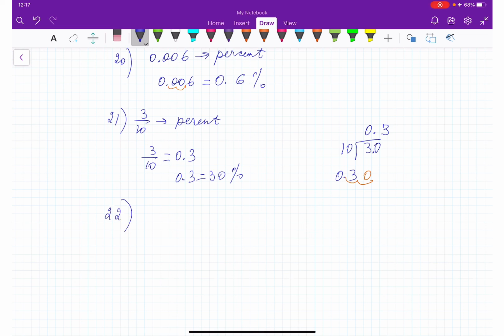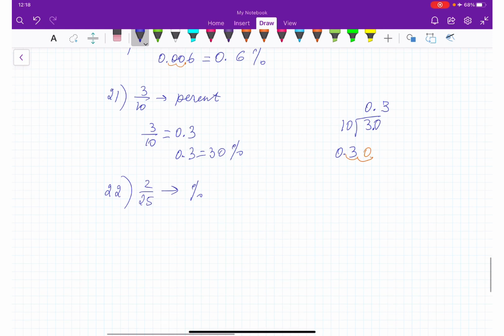Problem 22. So we have 2 over 25. We need to convert to percentage. So dividing 2 by 25, it's 0, right? Whole number is done. So adding 0, 20 divided by 25, again 0, it's not enough. 200 divided by 25 is 8.